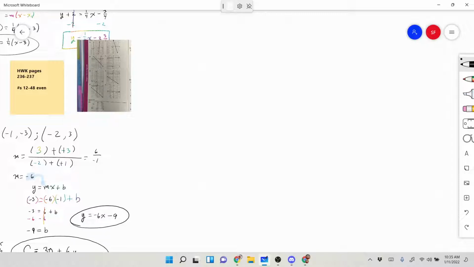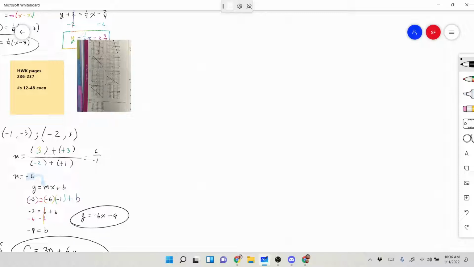Then for number 36, A is y minus 325 equals 50 times the quantity x minus 6. 36B is y equals 50x plus 25.